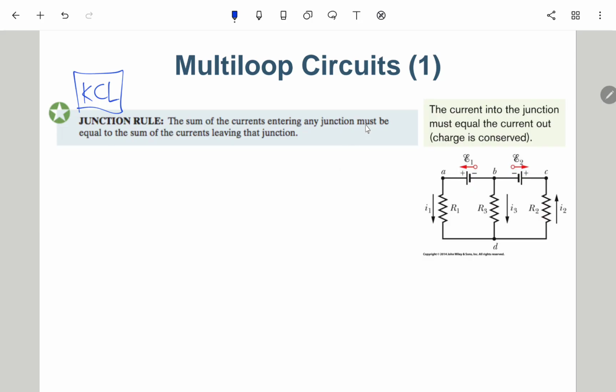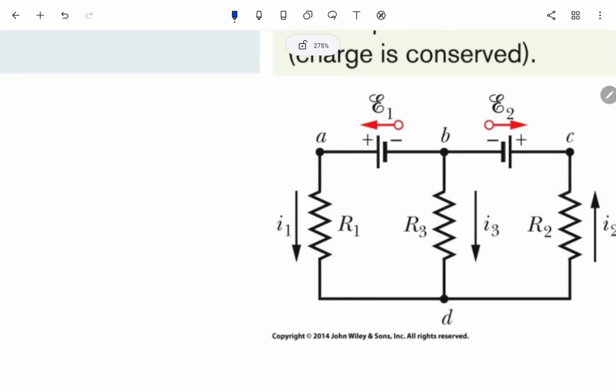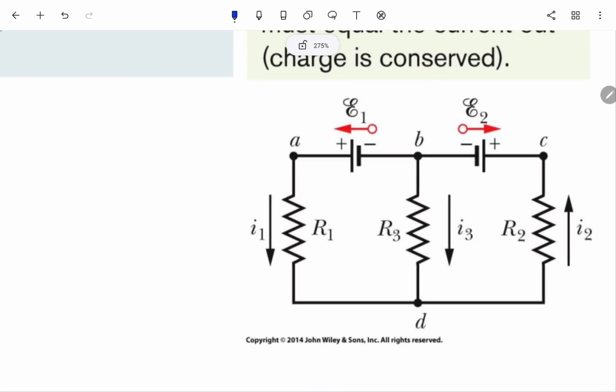Okay, so here is an example. We have two loops here. You can consider this is a loop, this is a loop. In this circuit, we have 2 batteries and 3 resistors.